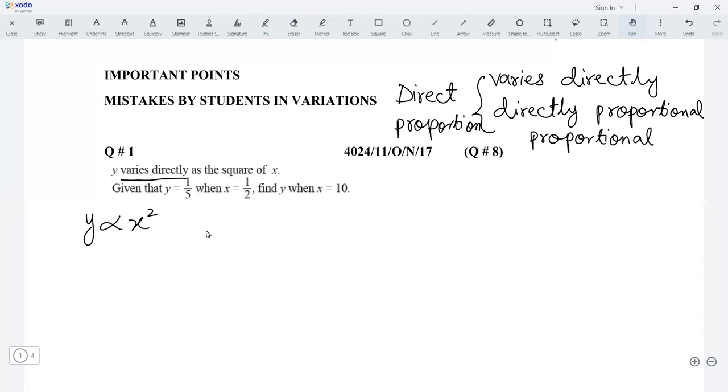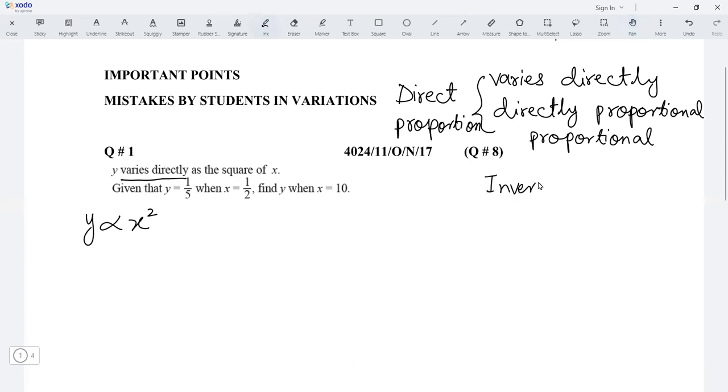For inverse proportion, I'm just letting you know right now, they mention y varies inversely, or it is inversely proportional, and there is no such third kind of category. So do focus on the inverse as well.